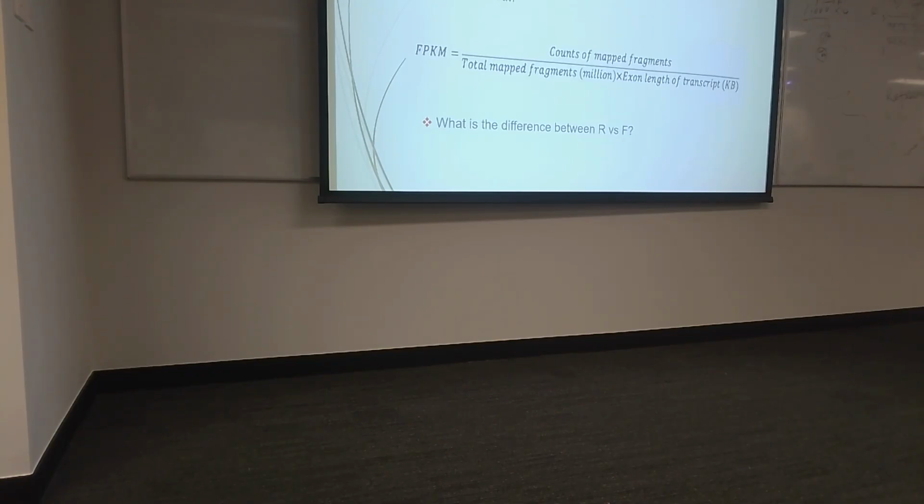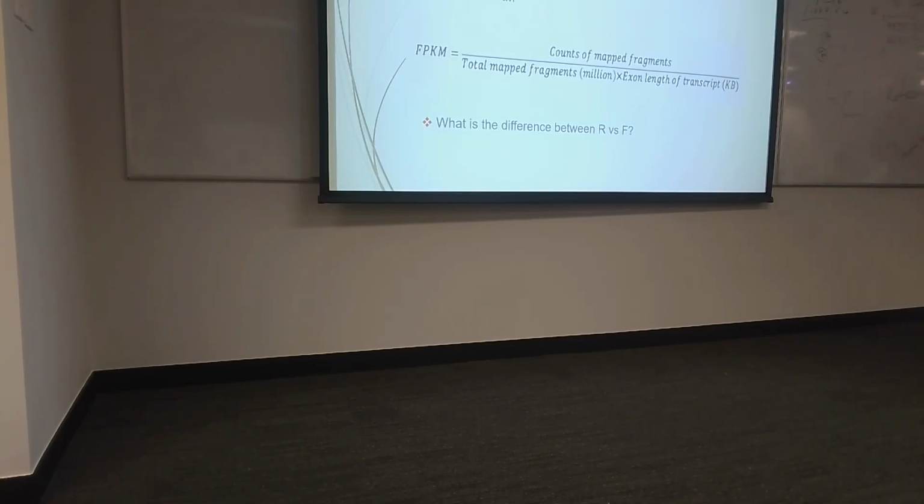Kilo means how many kilobase pairs your gene has, okay? A gene could have 10K or 5K or 1K. Then you calculate how many K your gene has. Then you need to know the length of gene A, the length of gene B, and you also need to know the total number of reads in your sample. Then you calculate the FPKM or RPKM to quantify the expression level of that gene.